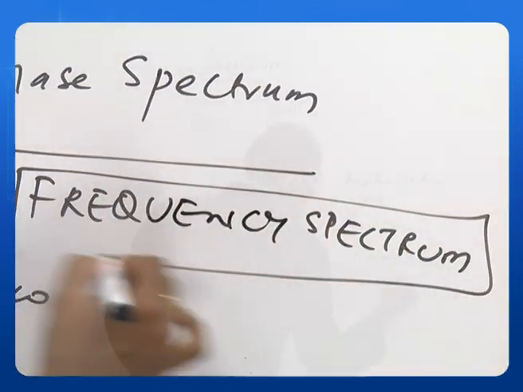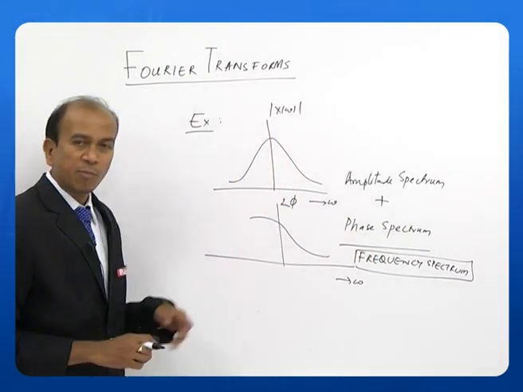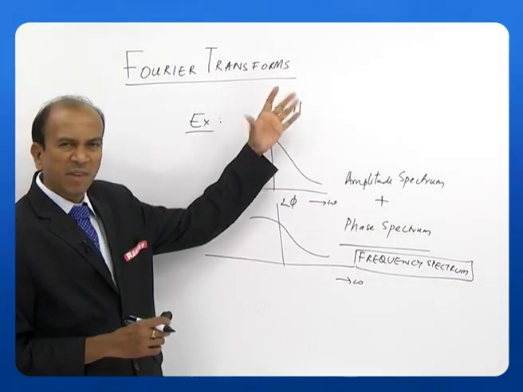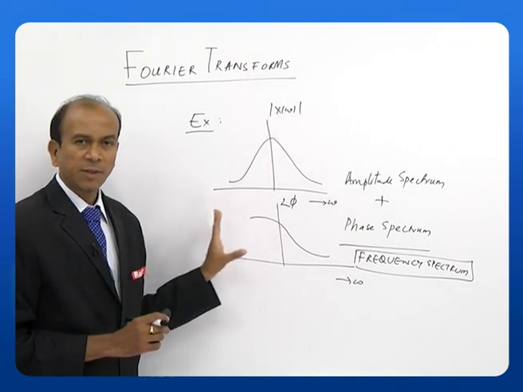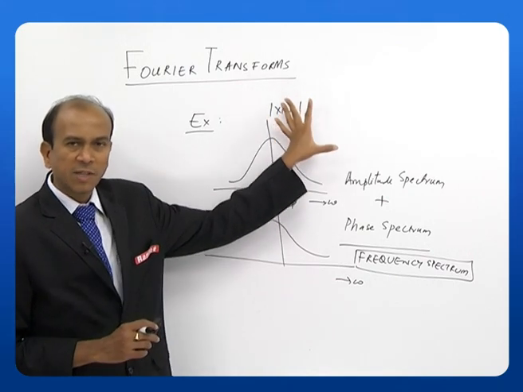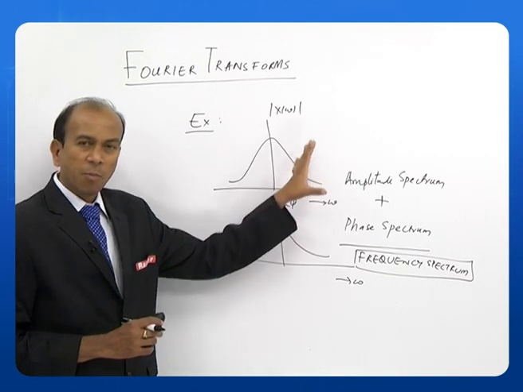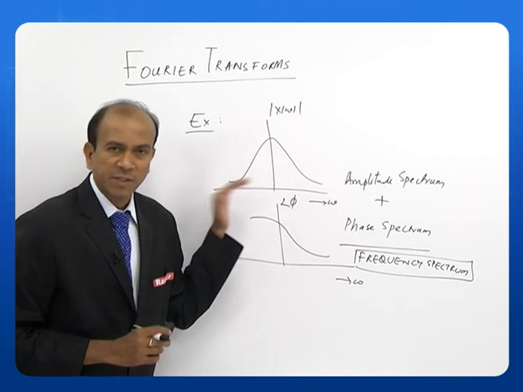So, this is what we have studied. We have plotted the amplitude of a given signal and also the phase versus ω. This is called the amplitude spectrum, this is called the phase spectrum, and both of them together are called the frequency spectrum.